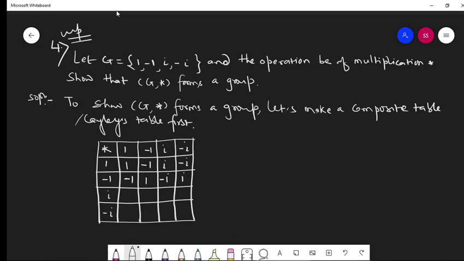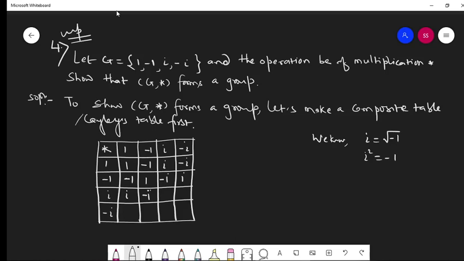And next step, i times 1 is i, i times minus 1 is minus i. Now the question is, we know i is root under minus 1, squaring on both sides, i square is minus 1.